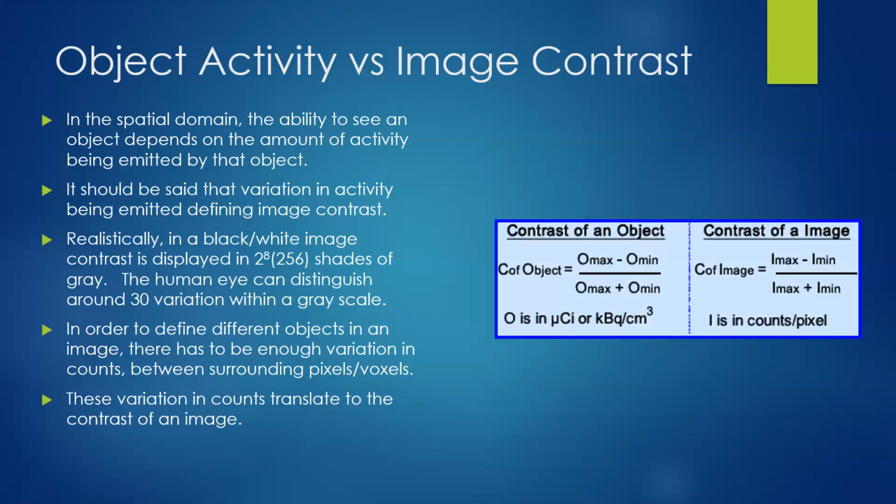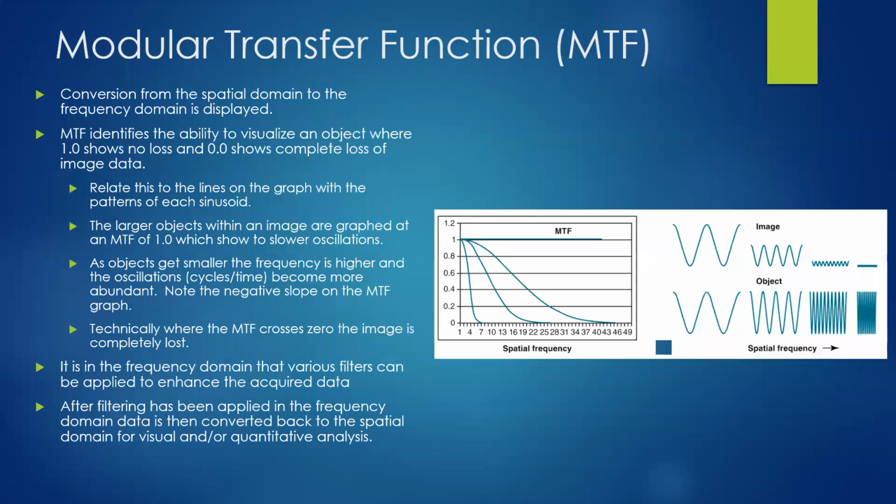The human eye can only see somewhere in the neighborhood of 30 variations within the grayscale, just a point of interest. But in order to differentiate an object, we have to see enough variation in counts between the surrounding voxels and pixels. This variation of counts, and our ability to see it, defines our ability to see the appropriate image contrast. By filtering and removing noise and background, we improve the contrast of that image.